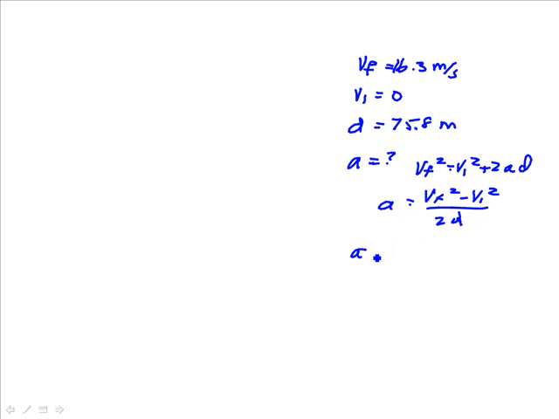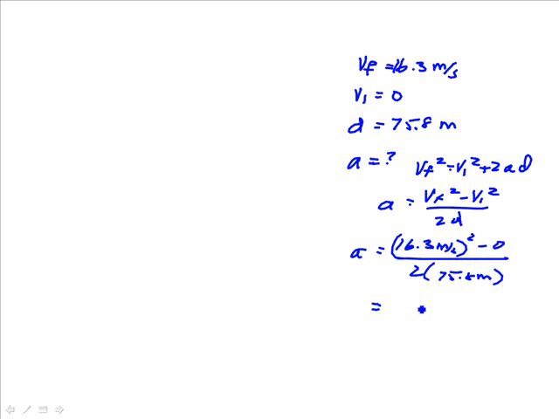And A ends up being equal to 16.3 meters per second squared, minus 0, divided by 2 times the distance, which is 75.8 meters.